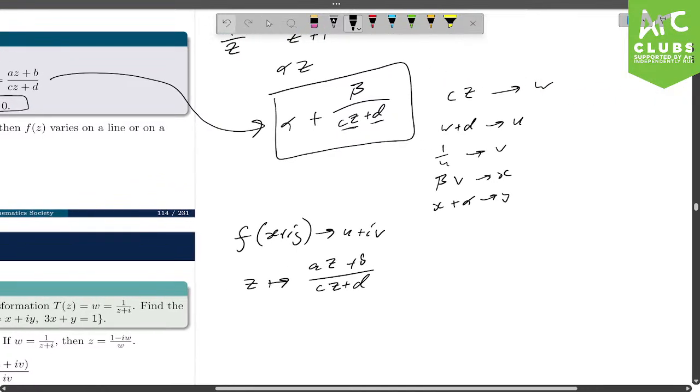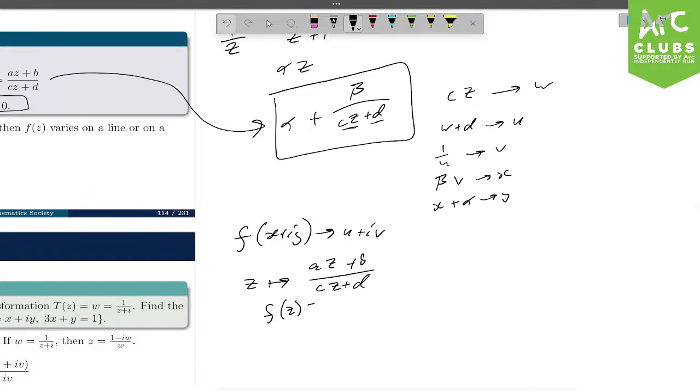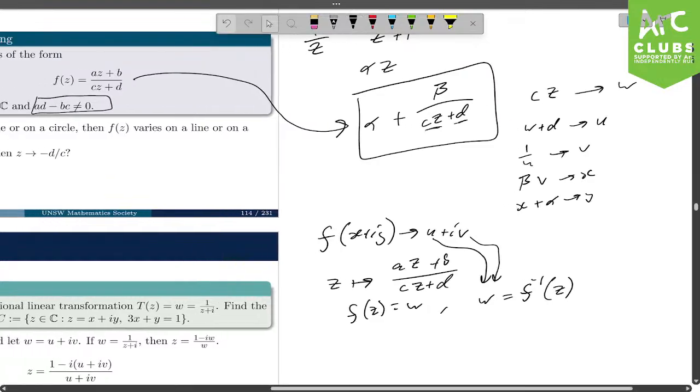We want to rearrange this such that if we say f of z equals w, well, what does w look like in terms of z, okay? And then we can go ahead and define u and v in terms of x and y, okay? From there, we can impose the conditions on x and y, which define our set on z, and then just work backwards to find what it looks like, okay?